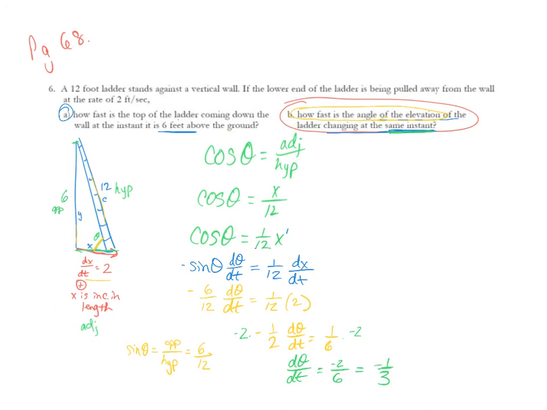Theta, the angle measure that we always deal with in calculus, is radian measure. So I have -1/3 radians per second, not degrees per second, radians per second, because this is a change in an angle, so I need either radians or degrees. Well, in calc, we go according to radians. So -1/3 radians per second is how fast that angle is changing.